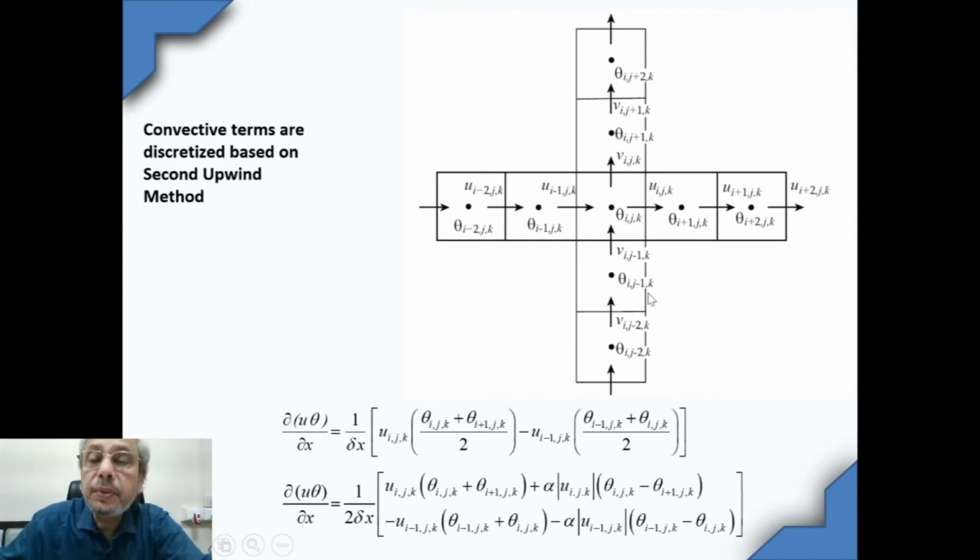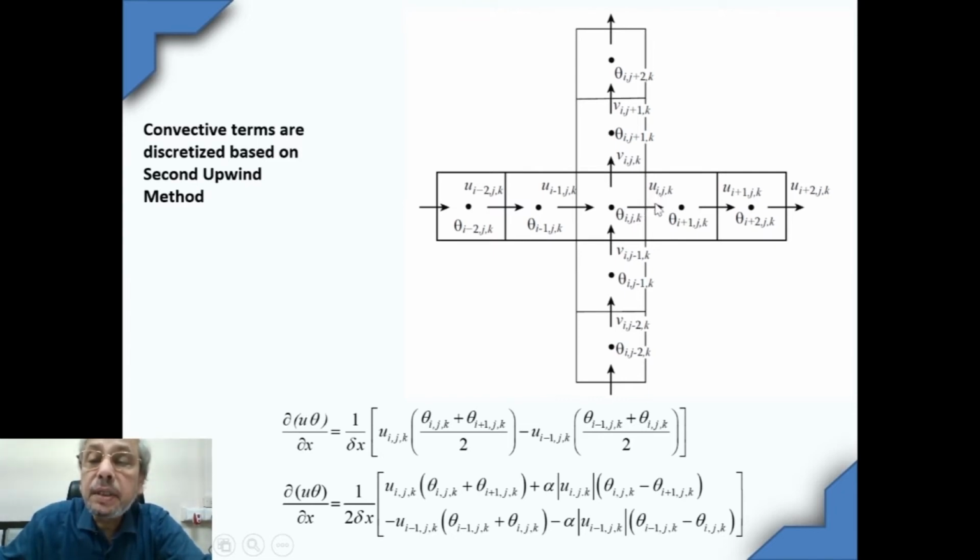Now del x of u theta, we have to discretize where theta ijk has been defined. That means basically we have to define theta at this point together with u, because here we are using the conservative form, so u and theta are to be defined here.